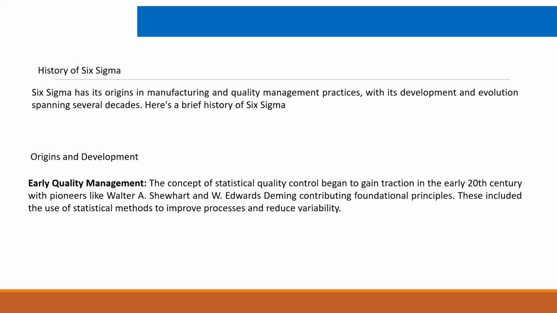to gain traction in the early 20th century with pioneers like Walter Shewhart and W. Edwards Deming. We'll discuss who they are, because they were all actual contributors to Six Sigma. Whatever methodology and calculation we discuss here will help us know what Six Sigma is and how it actually came into the market.